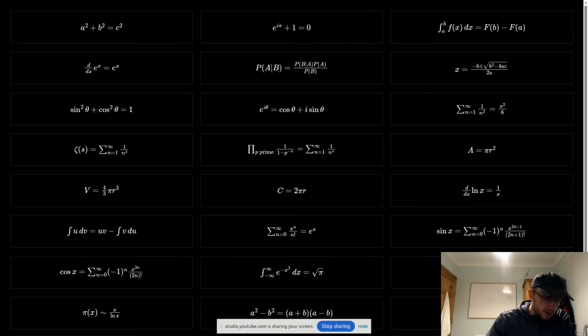For a sector of a circle, or what you may think of as a cake slice of the circle, the area is half r squared times theta, where theta is the angle of the sector in radians.